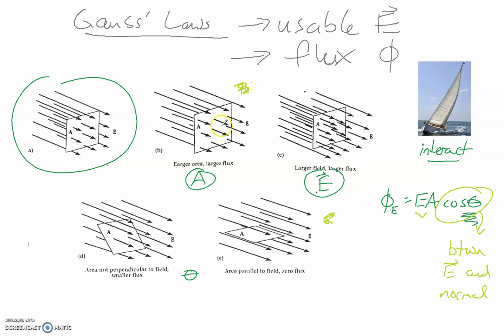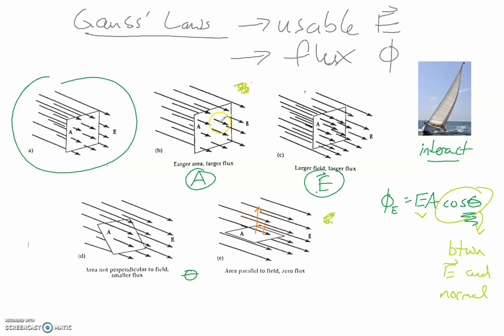The vector for the area actually comes out at 90 degrees to the area. It's like the direction for the actual area calculation, and that is the vector you use to measure the angle. So the angle between this vector and the electric field is 90 degrees, and cos of 90 degrees, of course, is 0, and that's why this one right here has 0 flux.